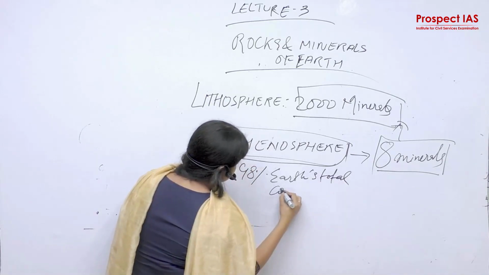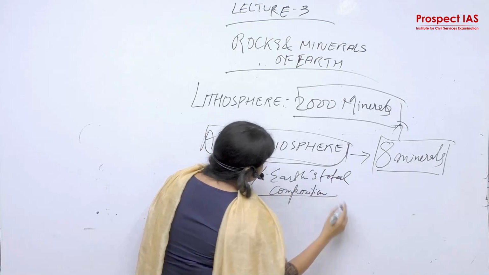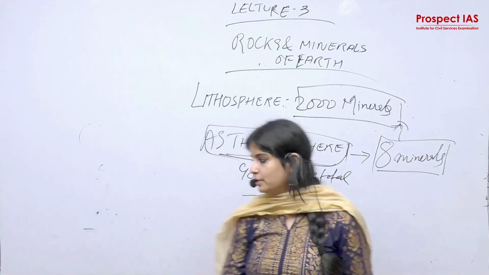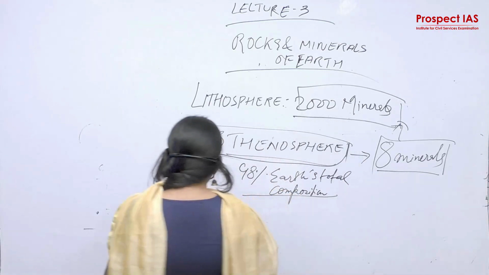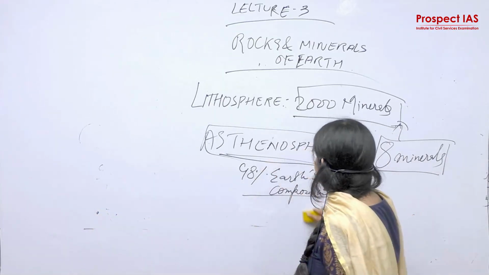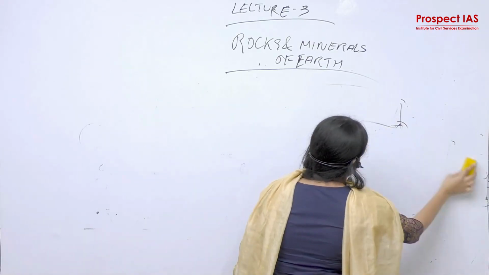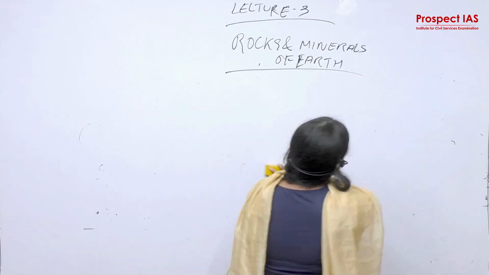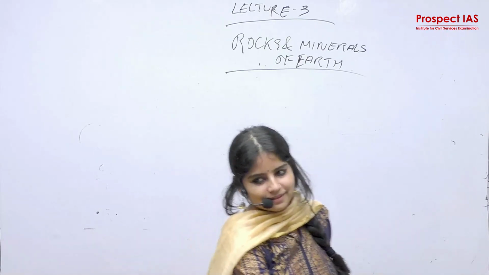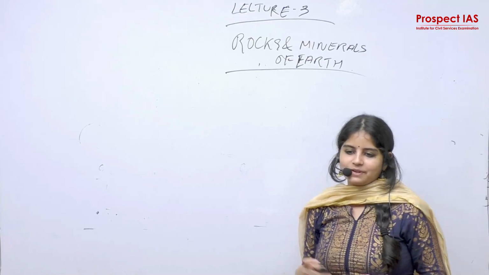What are these 8 minerals? Aluminium. You don't need to just write the names, you need to understand and learn the names of all these minerals. So allow the subject chemistry here, because in UPSC you can borrow concepts from all the subjects.